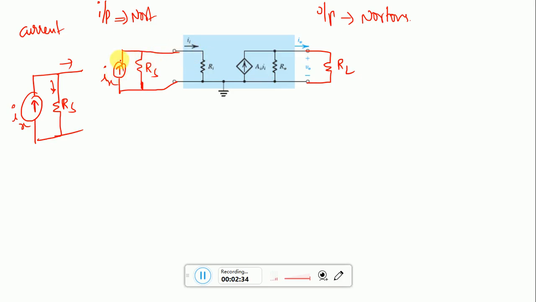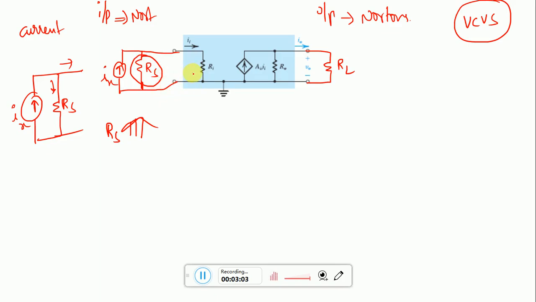Now if you look here, the current Ix should entirely flow into the circuit. Then what should be the value of Rs? And already I have explained in voltage controlled voltage source. Again I am explaining here. If the current is to enter into the circuit entirely, what should be the value of this Rs? This Rs should be sufficiently high enough so that the entire current will come into this circuit.